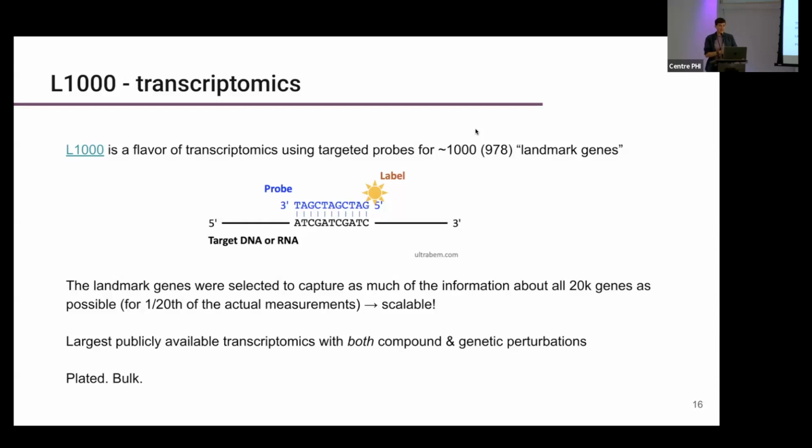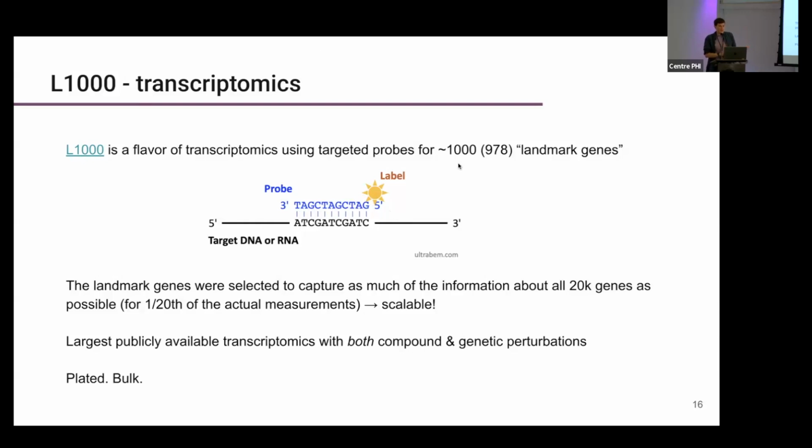It said, here's my 978 landmark genes. I'm going to go find those, fish them out of solution with a probe. And this probe is attached to a color. And you take your microscope and you measure the amounts associated with each color. And this gives you your abundance measurements, basically binding to your targeted probes.